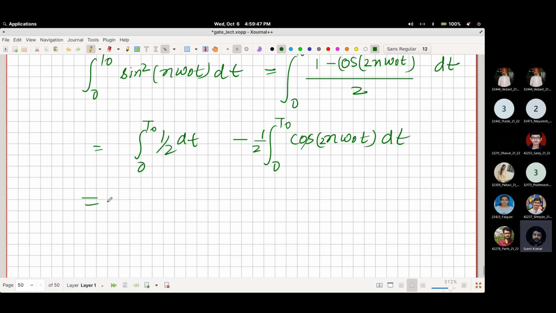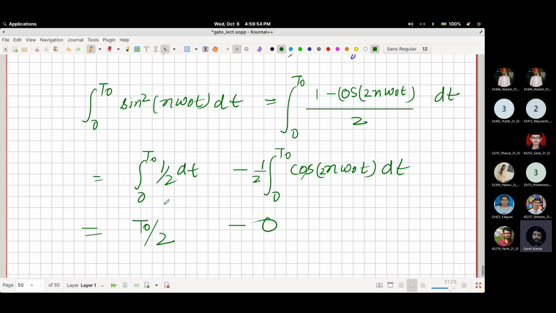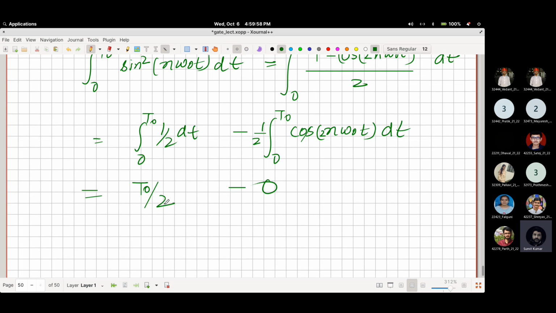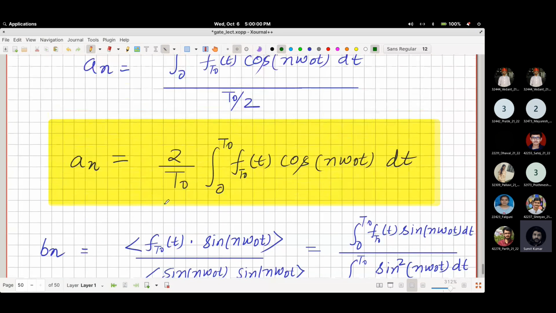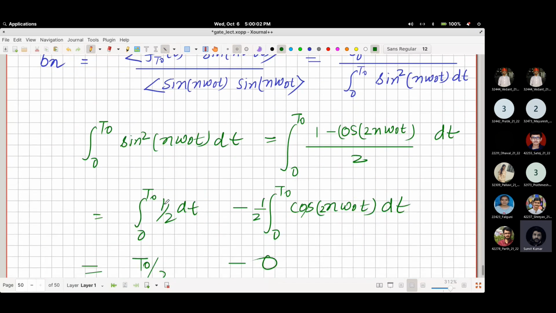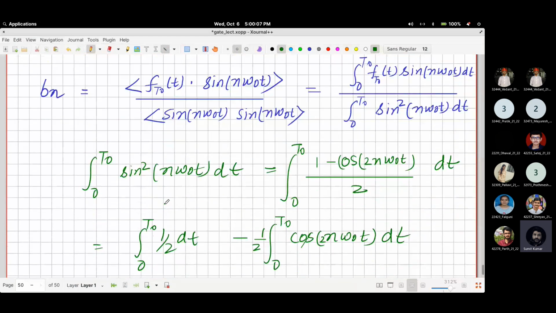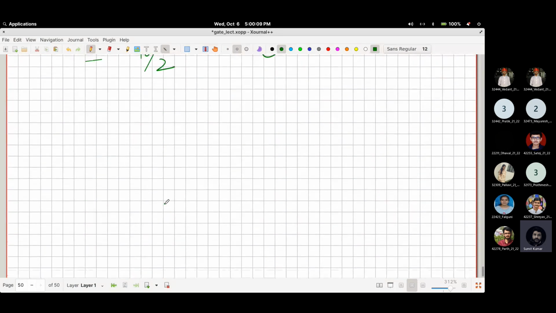And we already know that this value is equal to t naught divided by 2, and this value is equal to zero. So this also turned out to be t naught by 2. And that is actually pretty easy. You can even find it without integration, but I just wanted to be a bit more formal here.